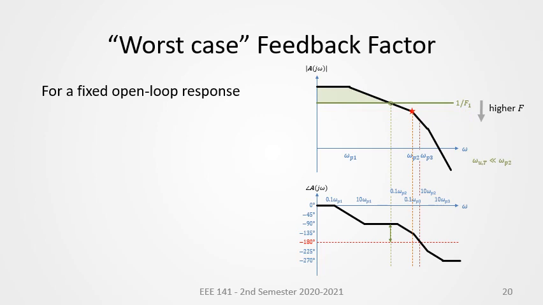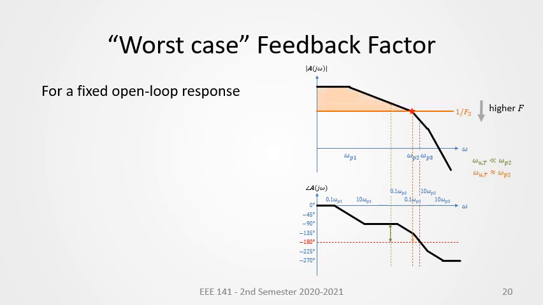For the smallest f, the loop gain unity gain frequency occurs before the second pole, and we get ample phase margin of around 90 degrees.